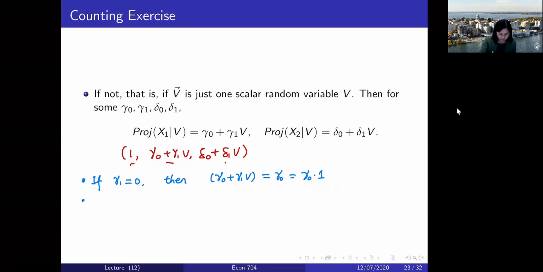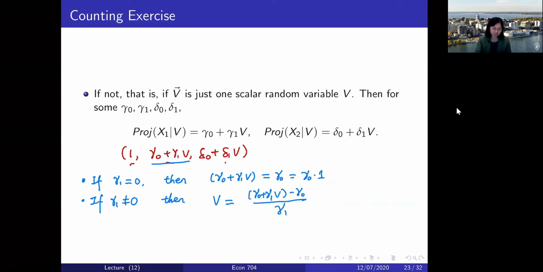Now, if gamma 1 is not 0, then clearly V equals the second component, gamma 0 plus gamma 1 V, minus gamma 0, divided by gamma 1. We can put gamma 1 on the bottom because it is not 0 in this case.